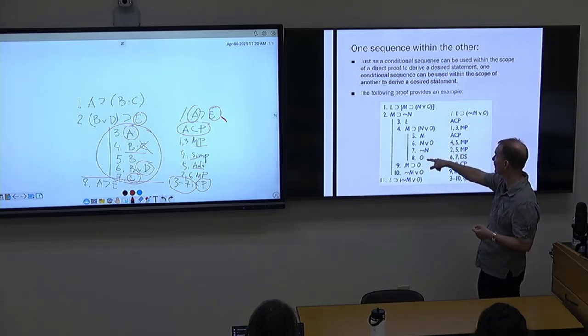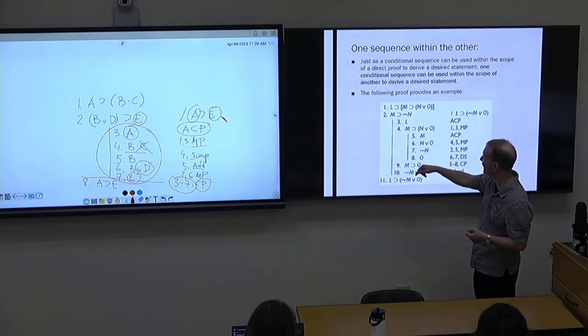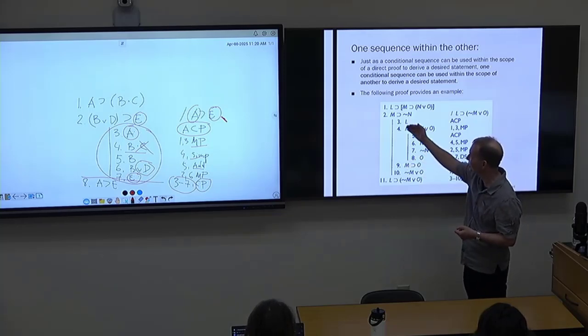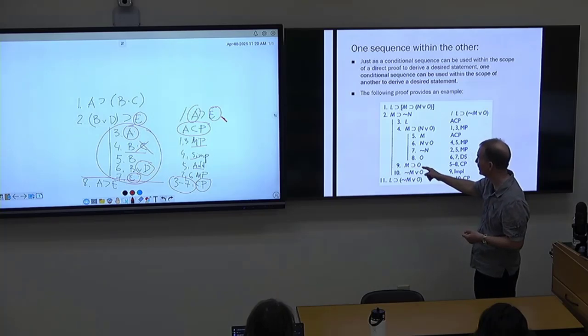Then that gives you O through disjunctive syllogism. N or O, not N, therefore O. And then you go back, because you proved that if M then O, so that's your line 9, but it still is conditional. That's part of this conditional.